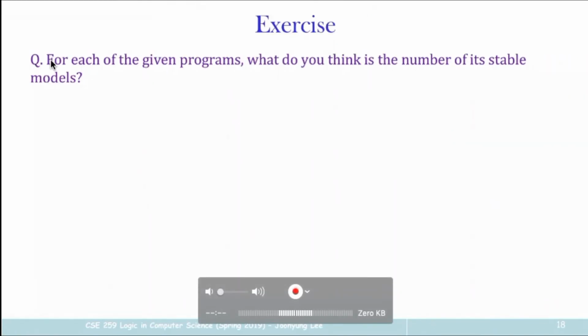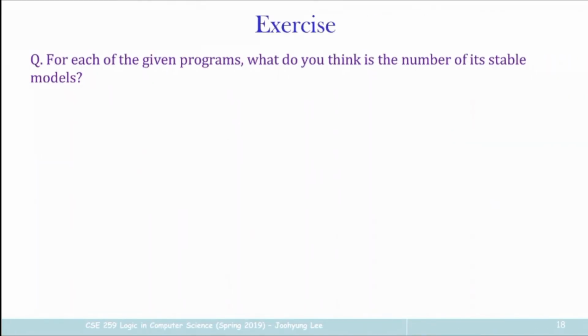Okay, so here is an exercise problem. How many stable models will there be? This is one program, and it has 2 rules.